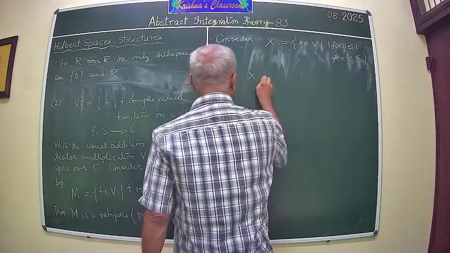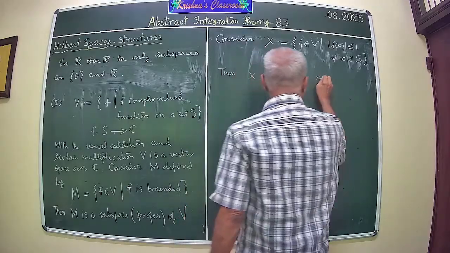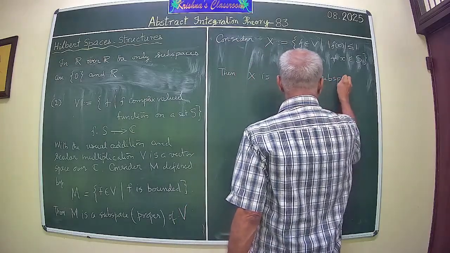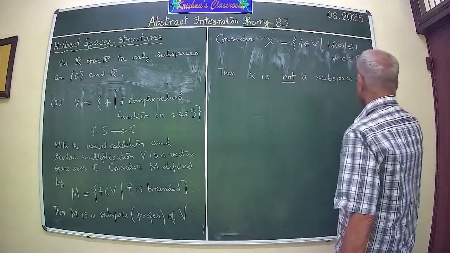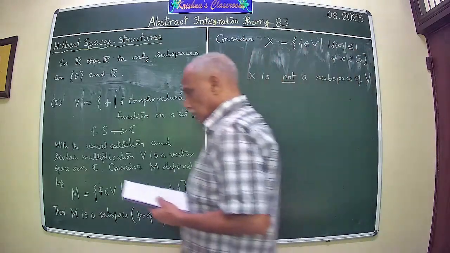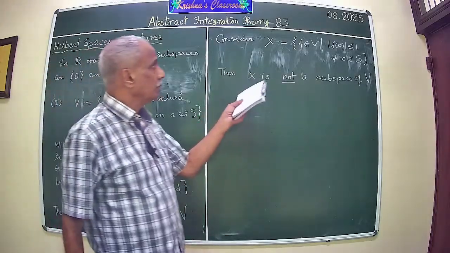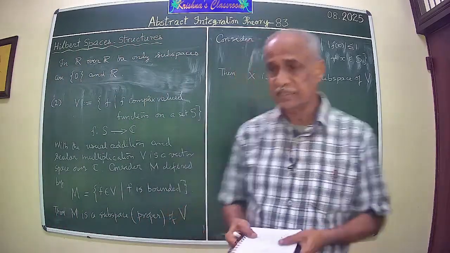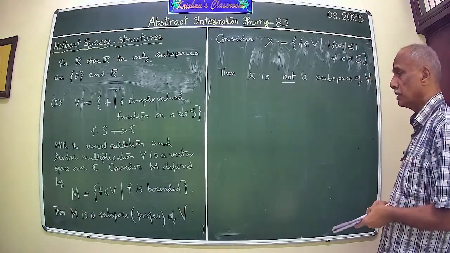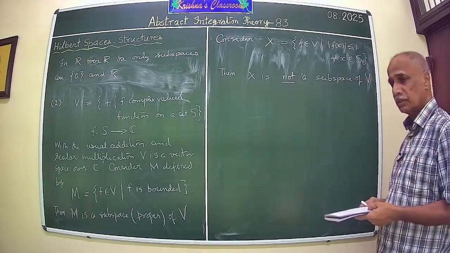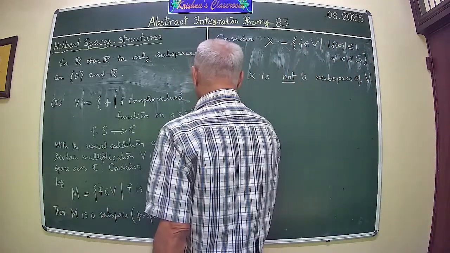This is not a subspace of V, because you can find f and g belonging to it such that the sum does not belong to the same class. So we give another example.